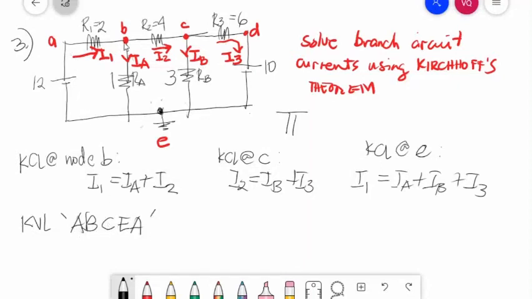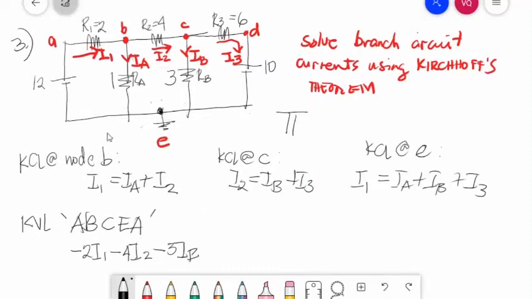Okay? So, I will have a look at A, B, C, E, A. A, B, same motion and direction of current, and the sign here will be negative. So, negative 2I1. BC, same again, minus 4I2. CE, same again, so negative 3IB.